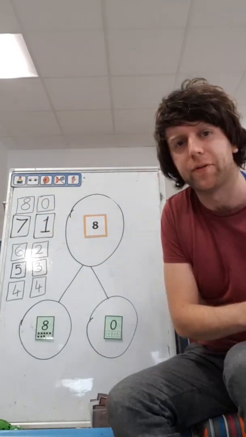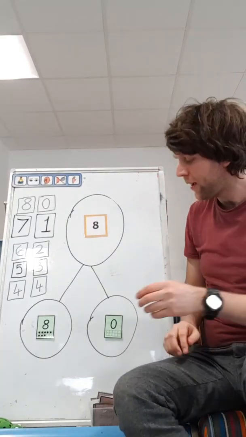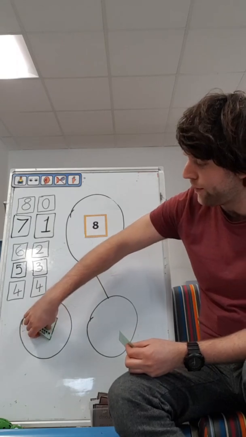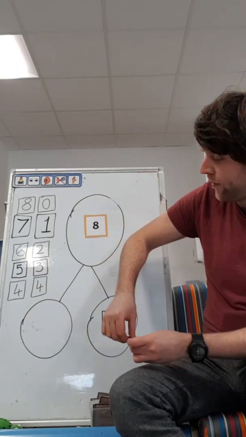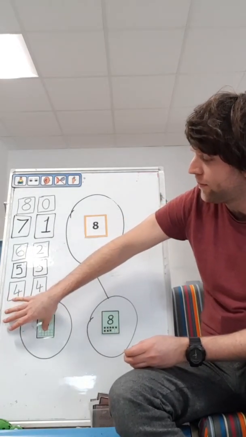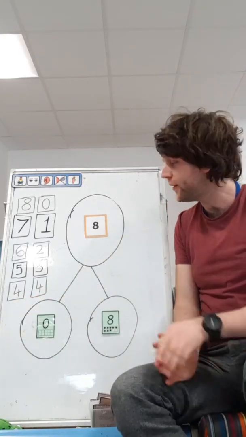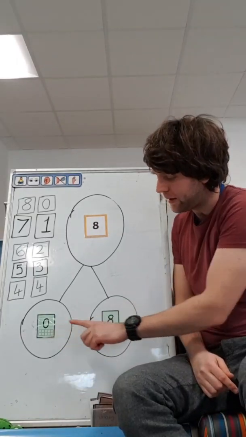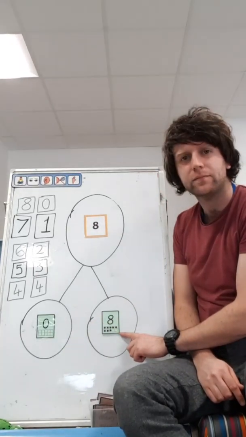Now here's a question for you children. If I move these around, so I put the 8 here and the 0 here, do we still have the same amount? Even though 0 is now here and 8 is here.